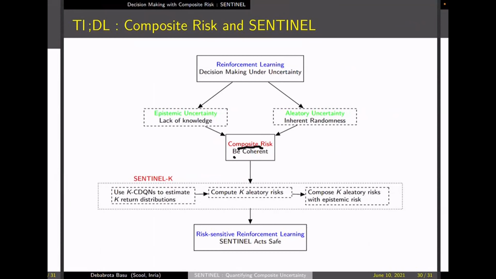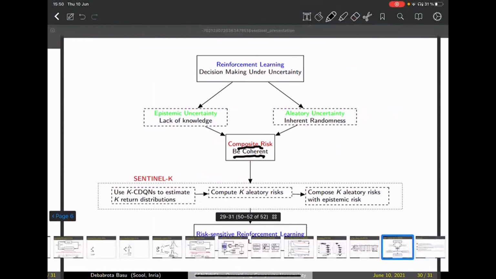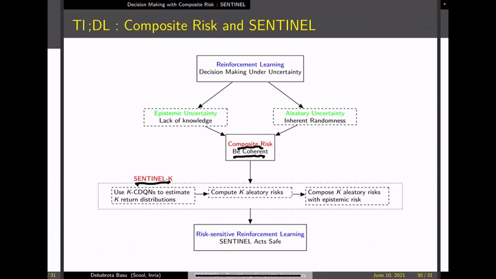And we say that we have to be coherent to get a proper estimate to make sense out of this risk. And then we propose SENTINEL-K, which is a risk sensitive reinforcement learning component whose new part is the estimator that uses K CDQNs to estimate K return distributions, computes K aleatory risks out of these K return distributions, and then composes these K aleatory risks, weighing them with the epistemic risk, to finally get a composite risk measure.